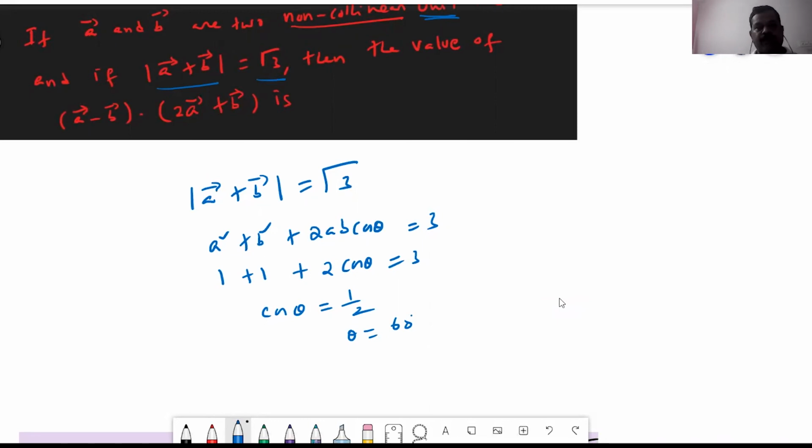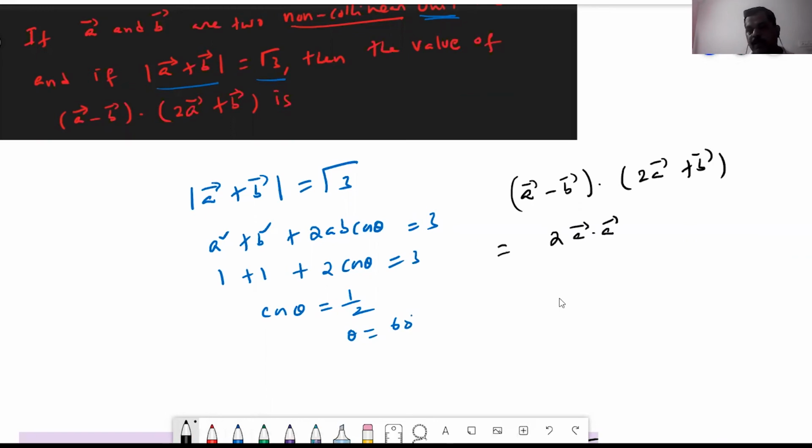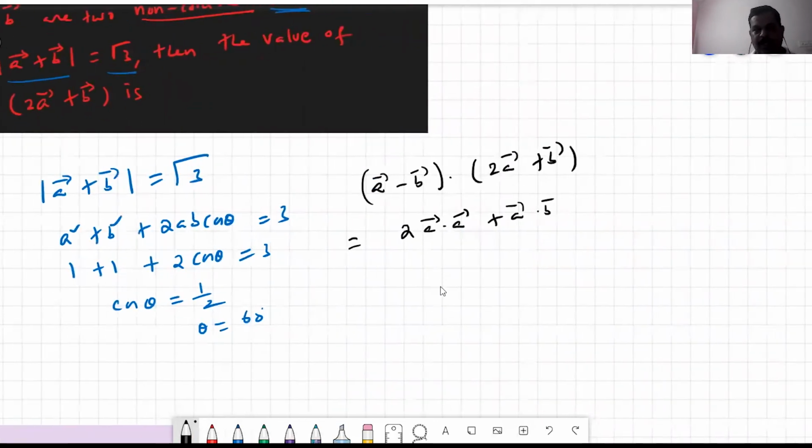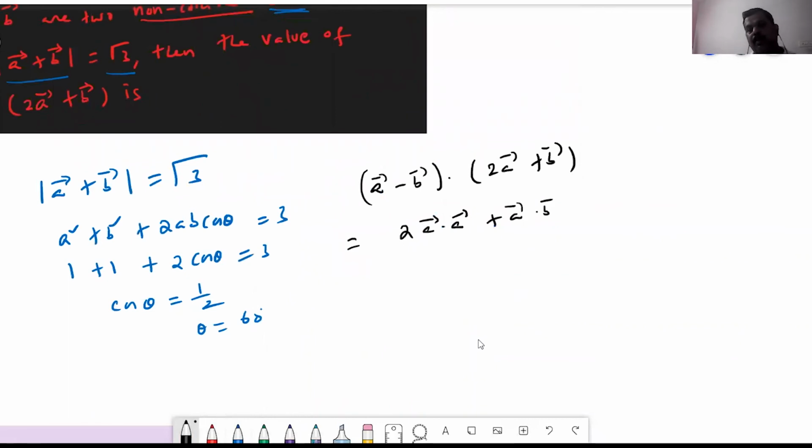Right. Now I want to find out A bar minus B bar dot 2A bar plus B bar. In other words, take the distributive law. This becomes 2A bar dot A bar plus A bar dot B bar. Similarly, take dot with B bar: minus 2 times A bar dot B bar minus B bar dot B bar.